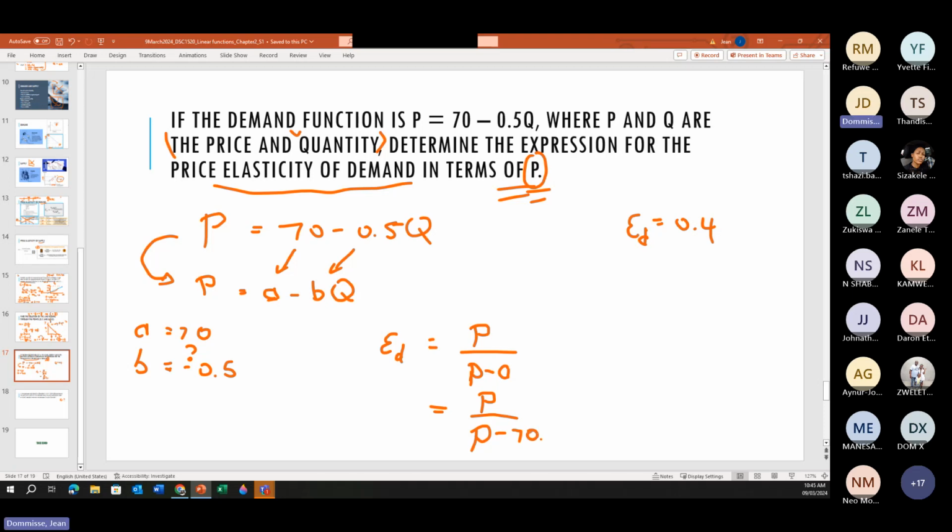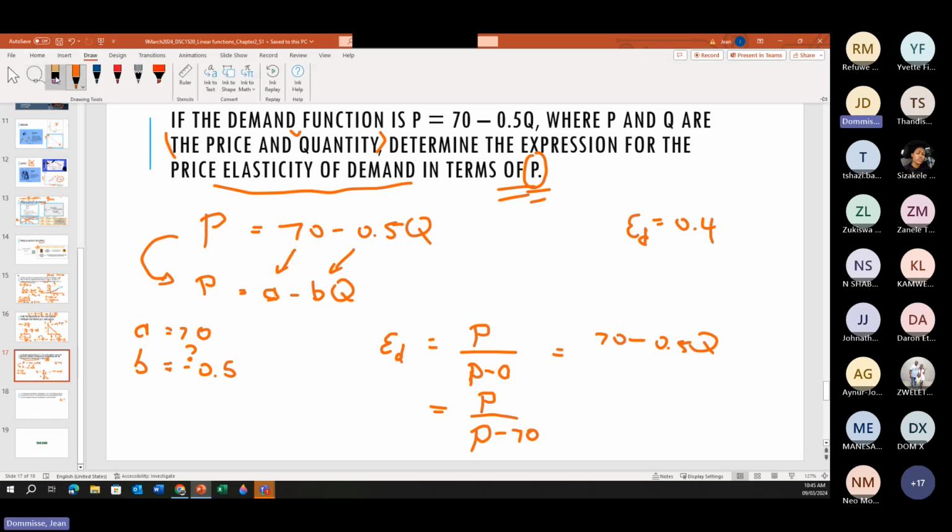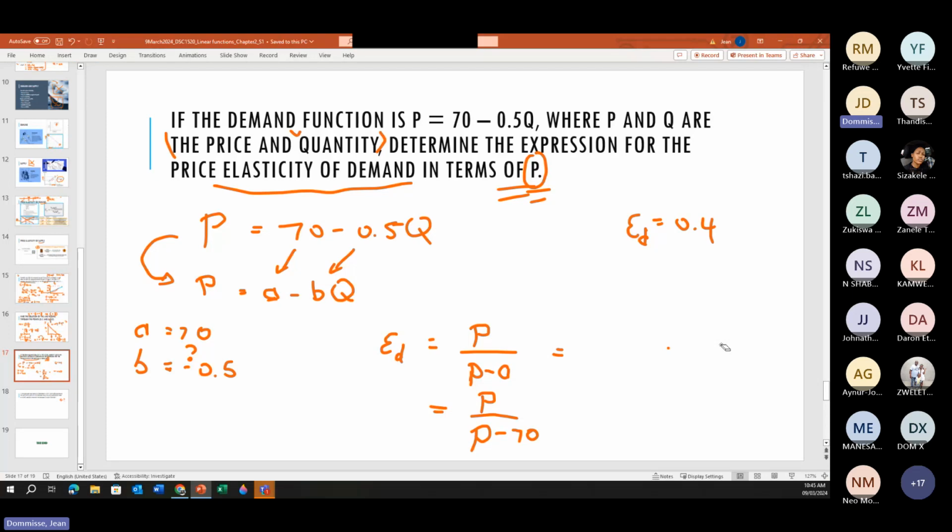Okay, so please don't go and say, because P is equal to 70 minus 0.5Q, go and put 70 minus 0.5Q at the bottom the same. They have asked you to write it in terms of P, so then you need to have P within your answer set.